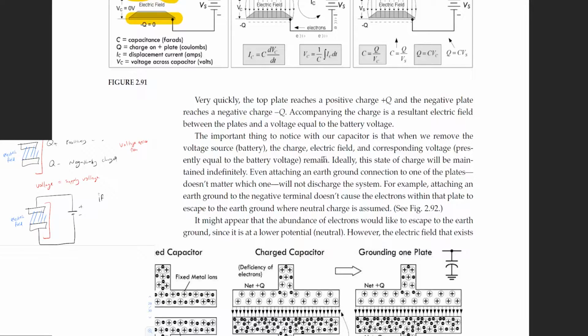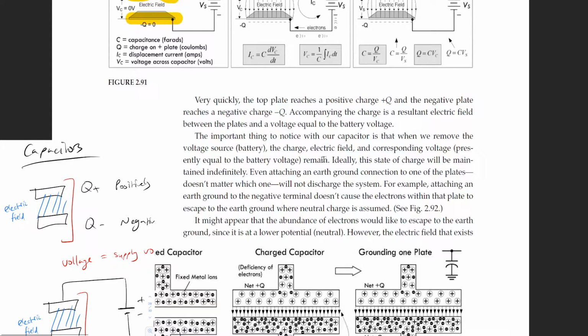If the voltage source is removed, this is why you don't touch a capacitor. I mean, they discharge fairly quickly, but you wouldn't touch a capacitor whilst it's on or just after you've turned it off.